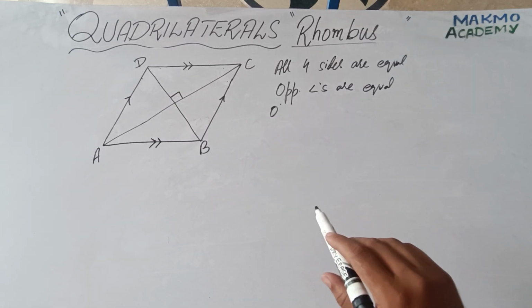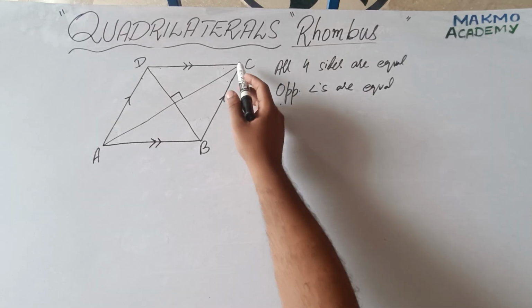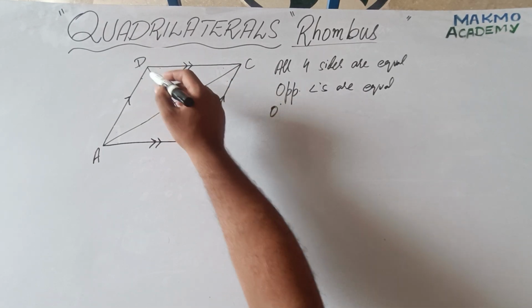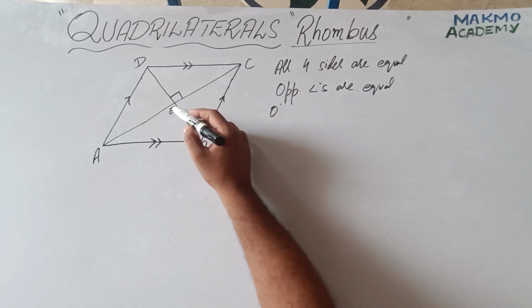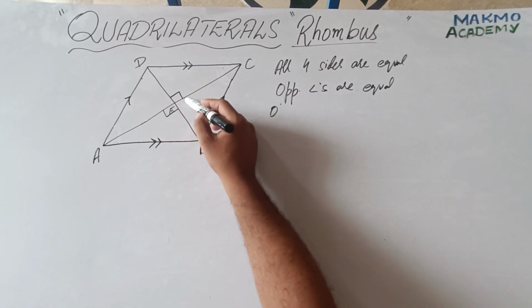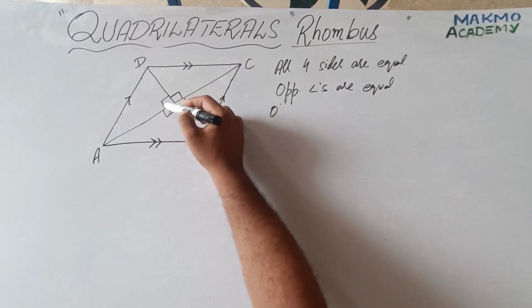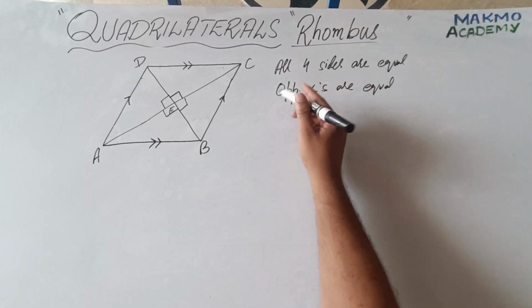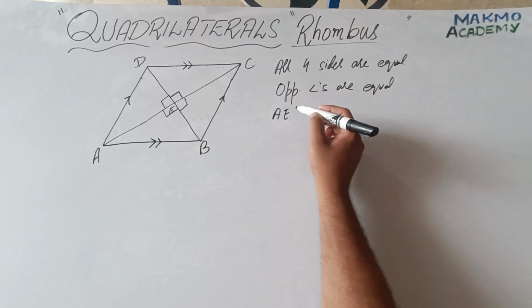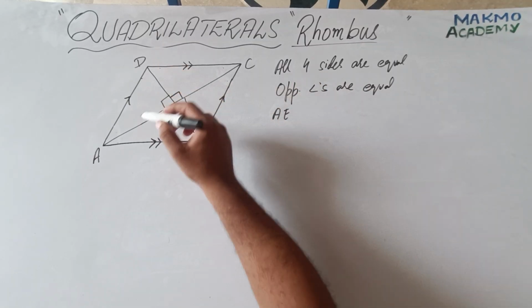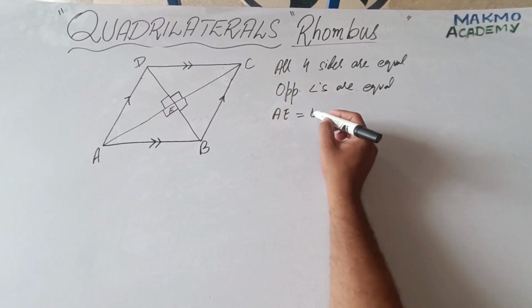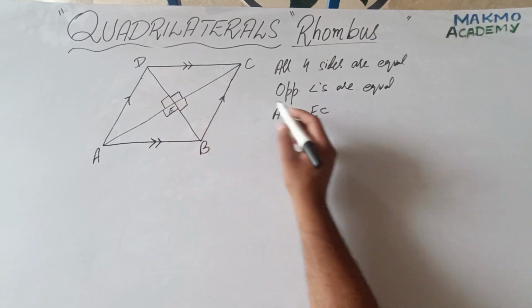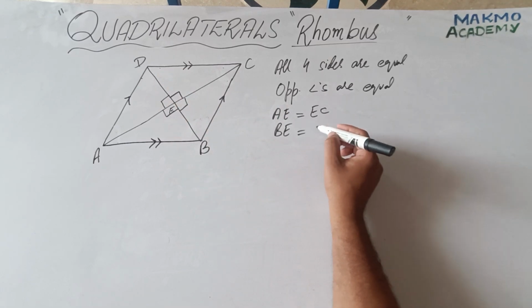The relationship is that angle CED is 90 degrees, and this angle is 90 degrees, this angle is 90, this angle is 90. Like AE is equal to EC, diagonals bisect each other, and similarly BE is equal to ED.